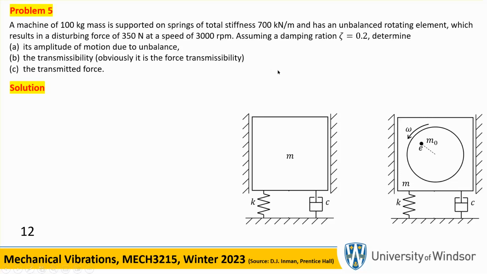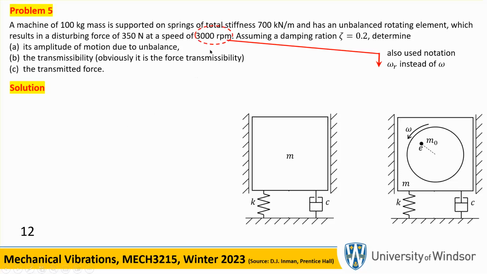I solve it as a category one problem, and basically the one at the right hand side is F naught cos omega t. What do we want here? We want the amplitude of the motion due to unbalance, which means the big X. We want the big X, and then the transmissibility, obviously force transmissibility to the ground, and the transmitted force.